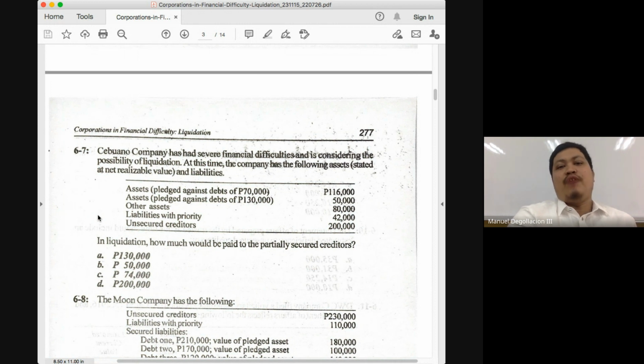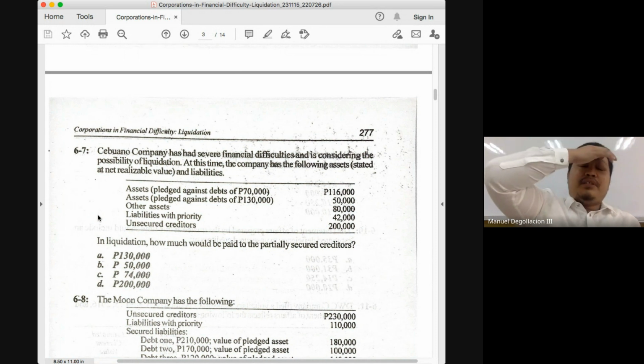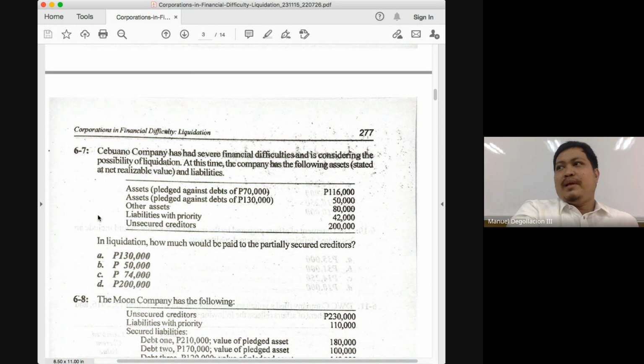Okay. Next would be how much will be paid to your unsecured liabilities without priority. Do you have to compute for that? Yes. But it's very simple already because we have already computed your recovery rate. How much is your recovery rate? 30%, and all you have to do is multiply directly the 30% with the 200,000. The computation for your partially secured is not as straightforward as the computation for your unsecured without priority.